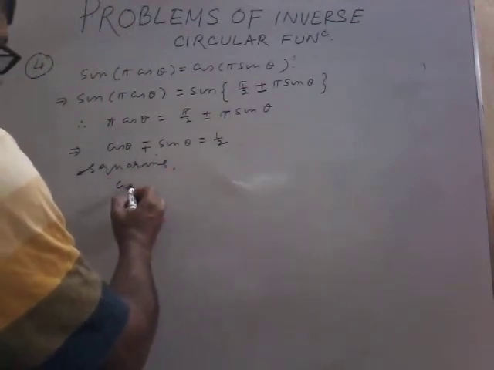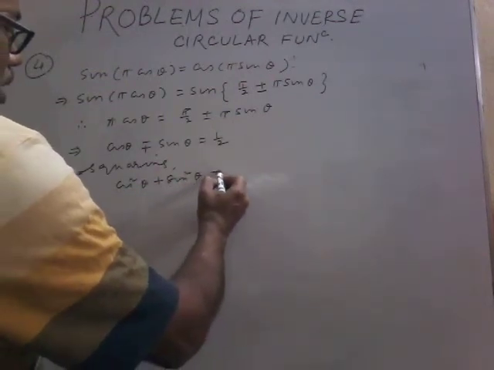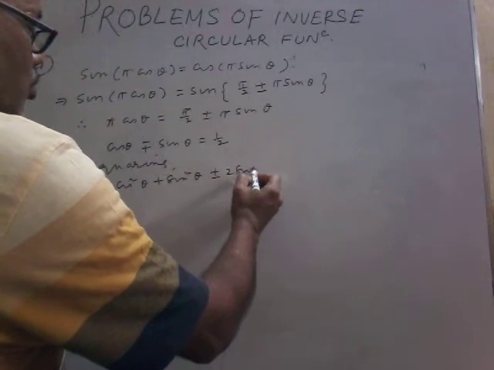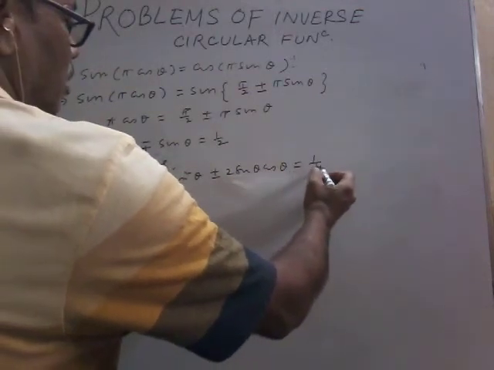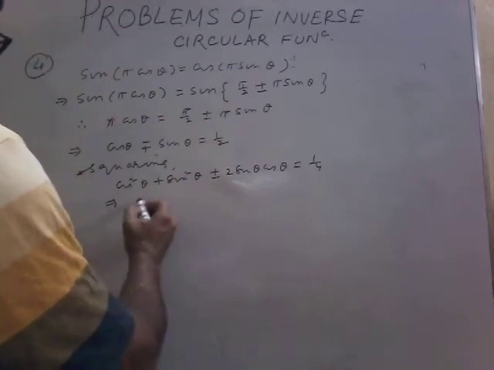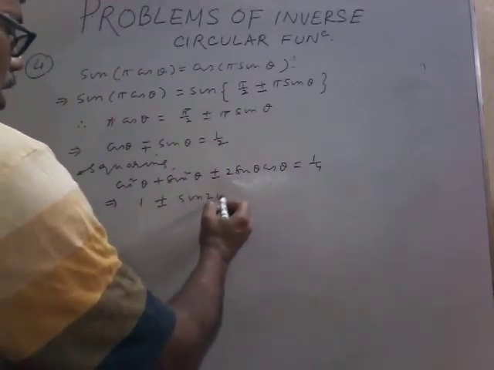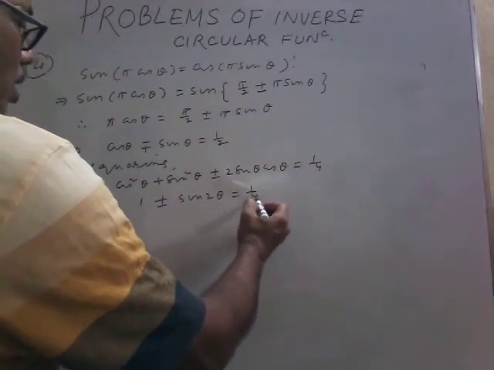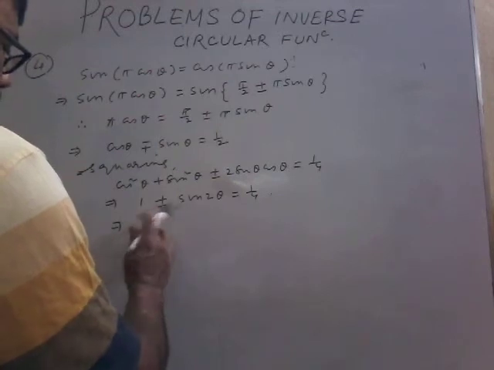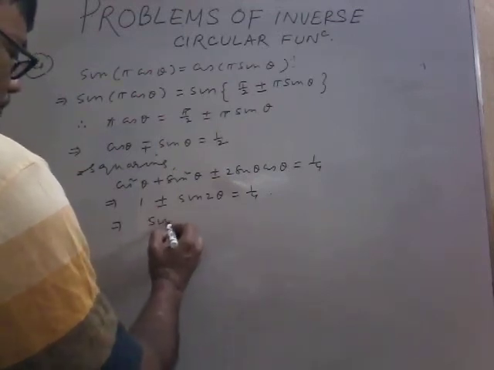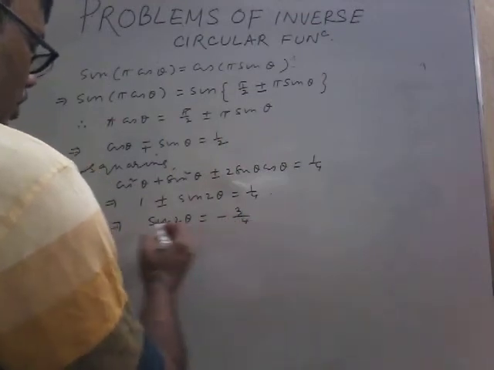So cos square theta plus sin square theta minus 2 sin theta cos theta equals 1 by 4. So 1 minus sin 2 theta equals 1 by 4. So sin 2 theta equals plus minus 3 by 4.